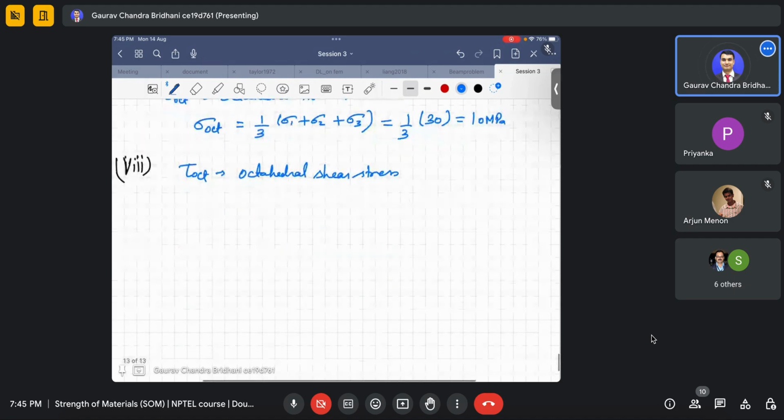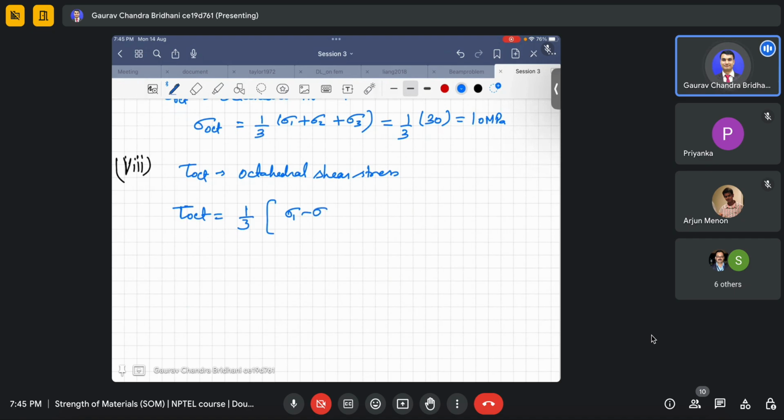The tau octahedral formula in terms of principal stresses is 1 by 3 times the square root of (sigma 1 minus sigma 2) whole square plus (sigma 2 minus sigma 3) whole square plus (sigma 3 minus sigma 1) whole square.